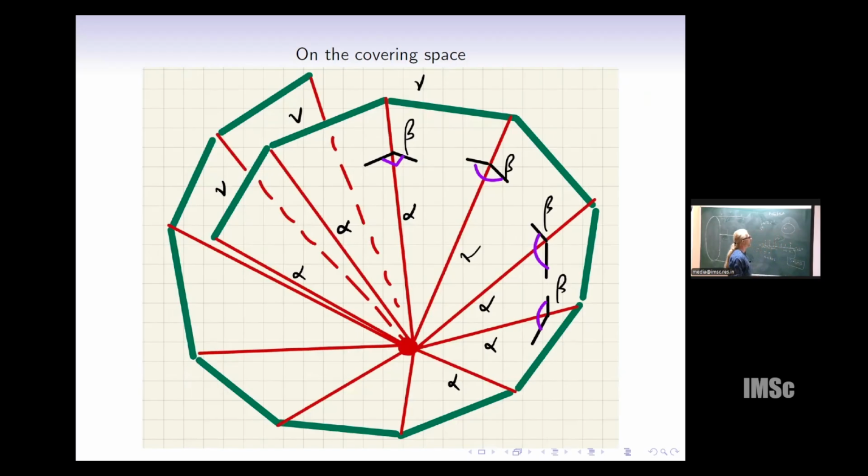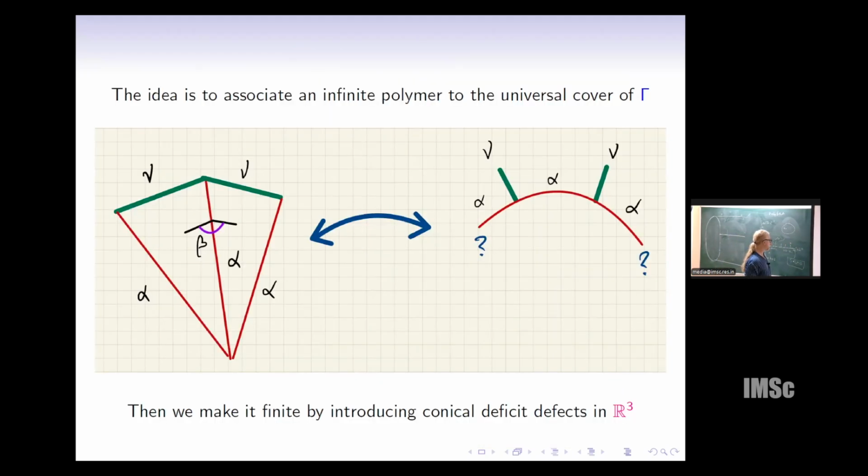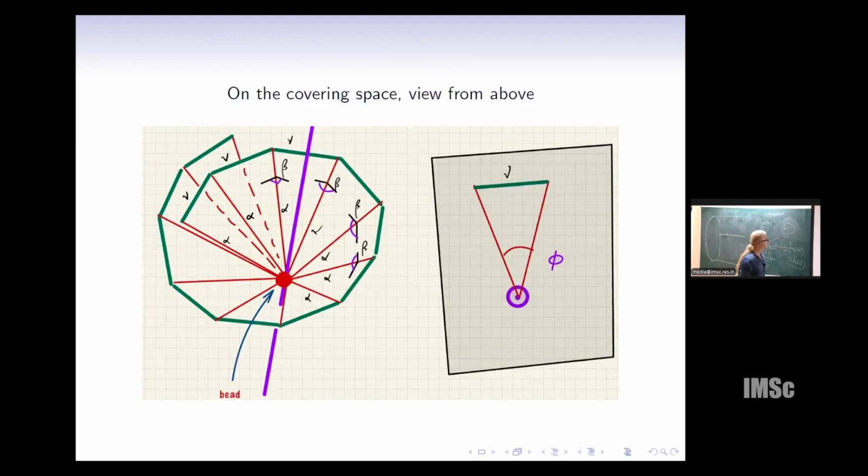But still it is not quite rigid. I want to see some rigidity. The idea is to say that this infinite structure is actually finite if I introduce a conical deficit angle on R3. This conical deficit angle, phi, will be the parameter of the gauge field.